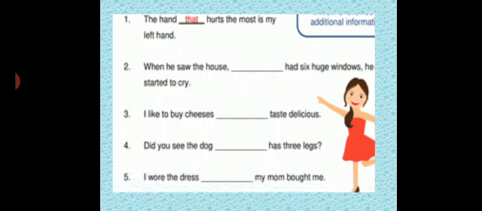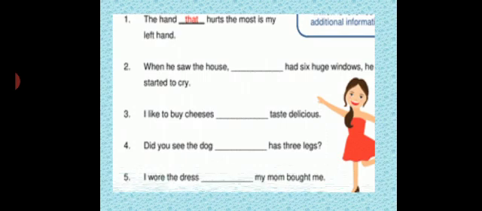Now think over which relative pronoun is appropriate in the blank. You know which are relative pronouns, how you use them. So, go on filling up the blanks and solving this exercise.